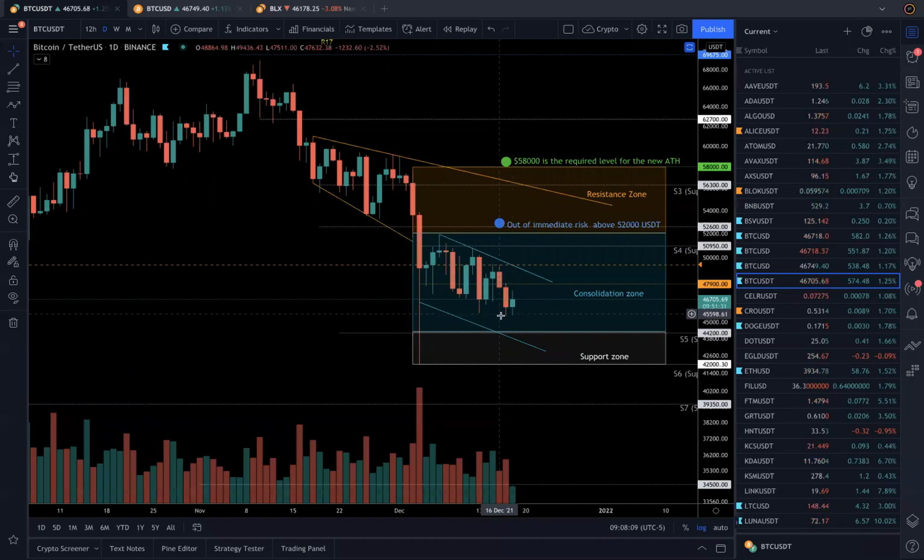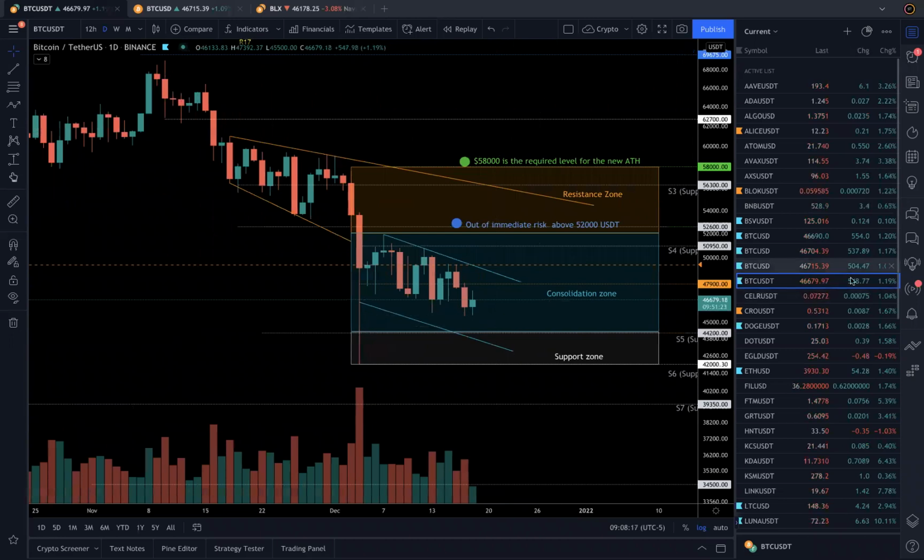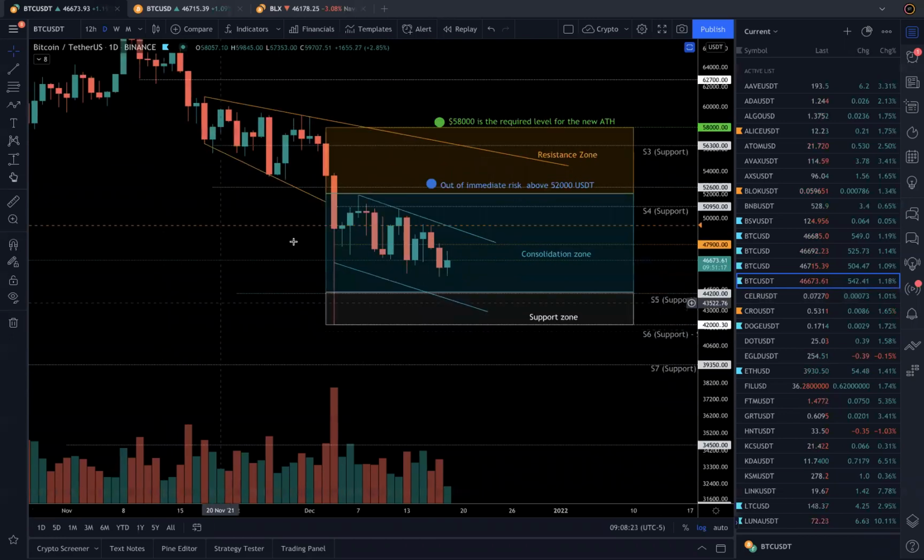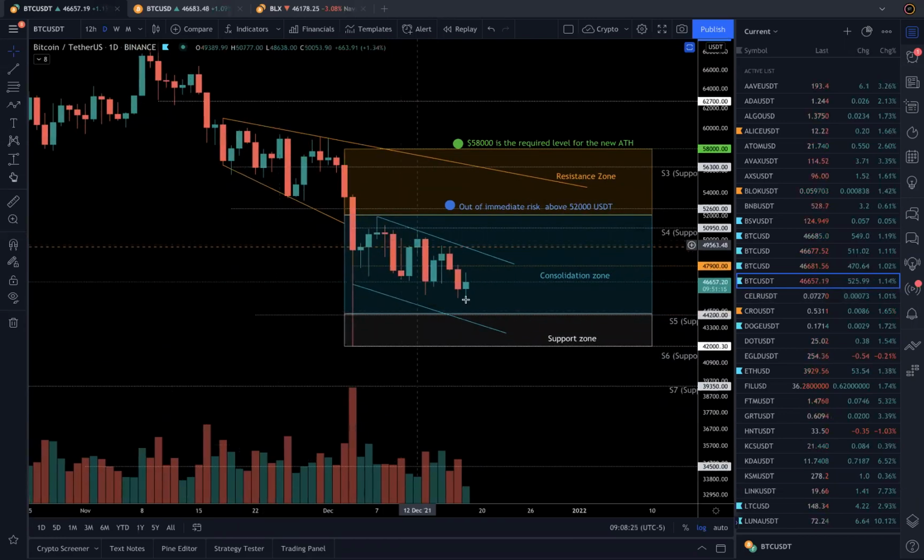So the point is, it's making lower highs and lower lows. In short, it is going down, right? So when you look at 1 day, you might see one green day, but if you ask what is happening, the answer is going down.